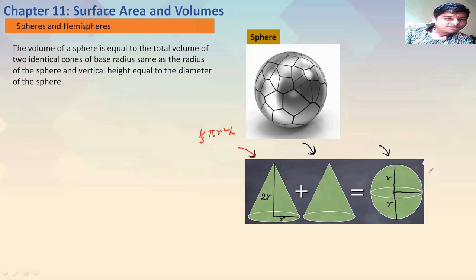Are you getting the idea, boy? If you fill these two cones with milk or water or oil or whatever fluid and transfer them to this sphere, the sphere will be completely filled.